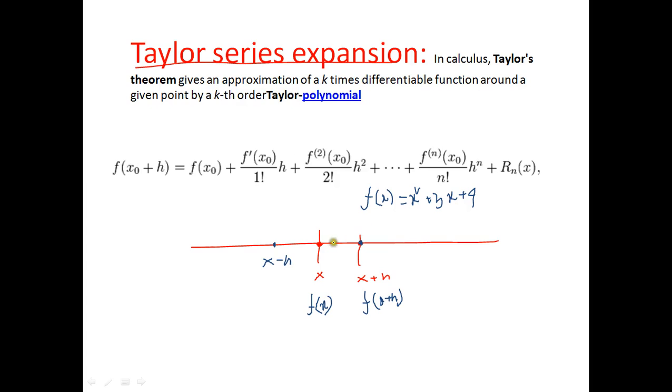So this is interpolation, right? We want to determine the value at this point in terms of the value at this point, f(x). So the value of this point is f(x plus h). This is interpolation.